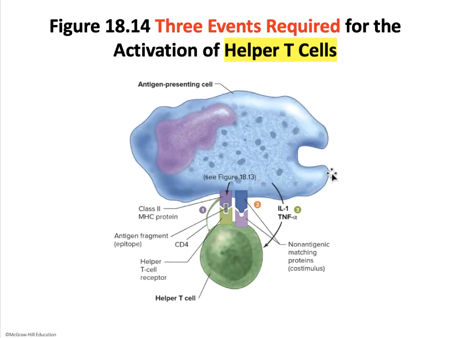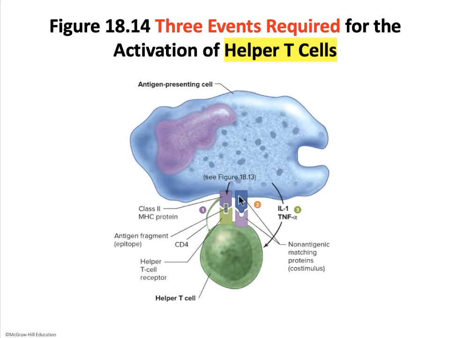Because the outcome of these interactions can be quite dangerous for the body, evolution has required a robust and diligent handshake between the antigen presenting cell and the activation of the helper T cells. So the first handshake is the specific binding between the class 2 MHC and the CD4 molecules on the surface of the helper T cells.